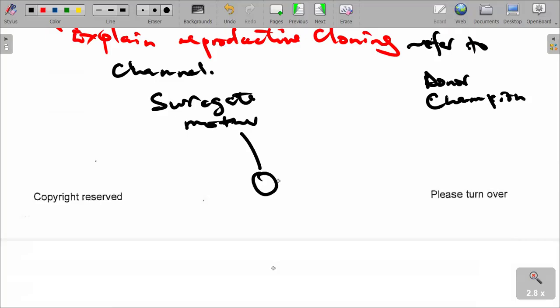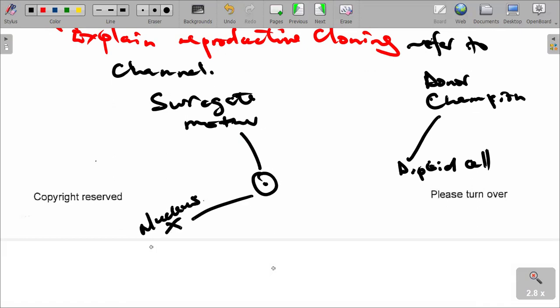We have got an egg cell with a nucleus, and then we have got a diploid cell that is taken there, and the nucleus is removed.